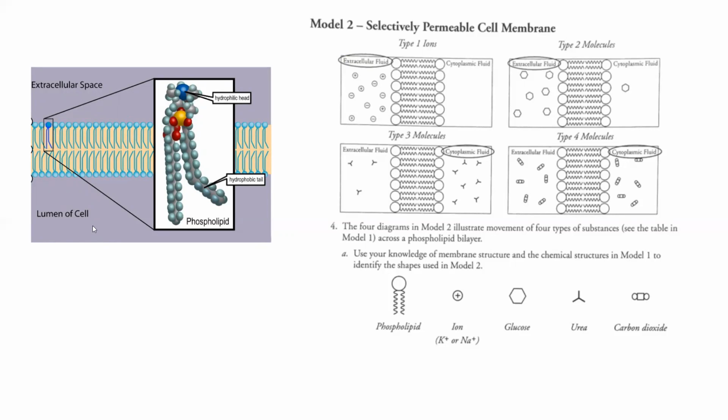They're both watery environments. But what separates them is this cell membrane made of a hydrophilic head that likes the water. But those hydrophobic tails are going to be inside of the actual membrane itself. They like each other. Hydrophobic likes hydrophobic, so they're going to stay inside.